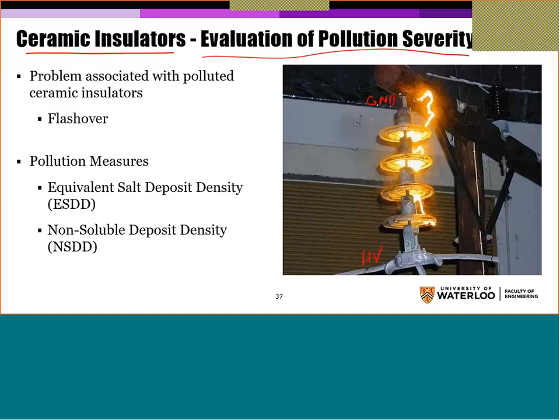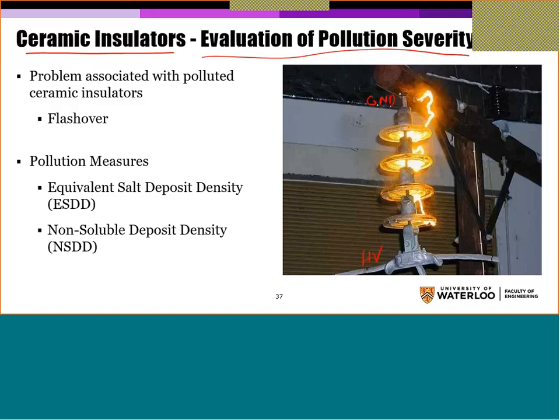These are polluted insulators, and because of the pollution, if there's humidity, the pollution will start to dissolve. You start to have a current on the surface. This is what I called in the previous slide the dry band arcing, or the surface discharge due to pollution. Then this will start to propagate eventually until we have a flashover.